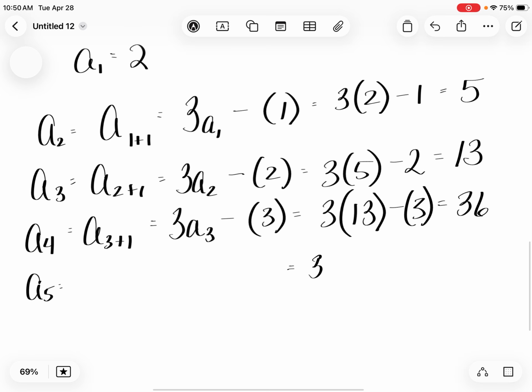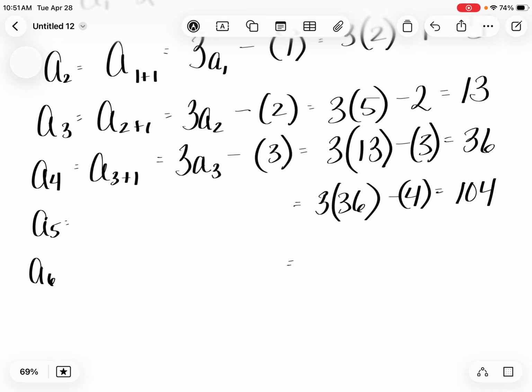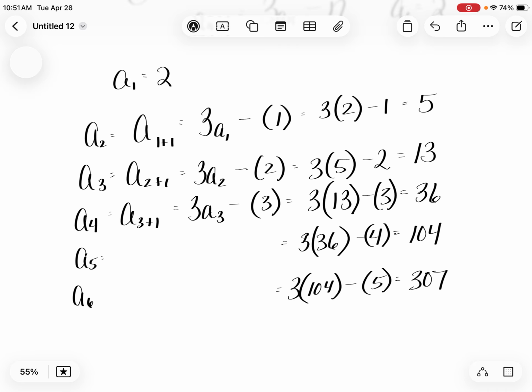We're going to go 3 times 36 minus 4. And 3 times 36 is 108, and 108 minus 4 is 104. And the last one, 3 times 104 minus 5. So 312 minus 5, 307. So there's your first 6 terms of that recursive formula.